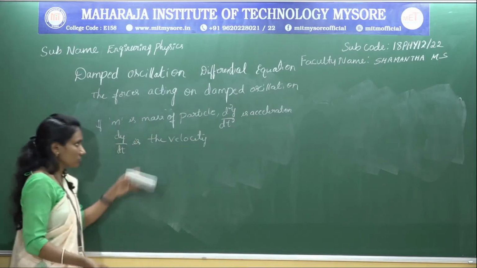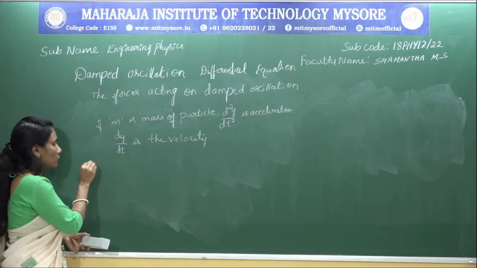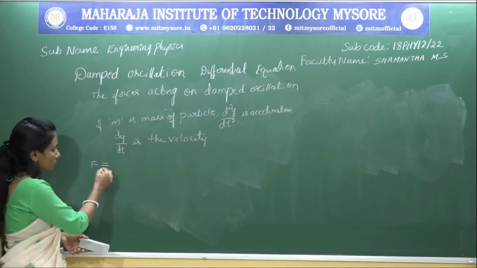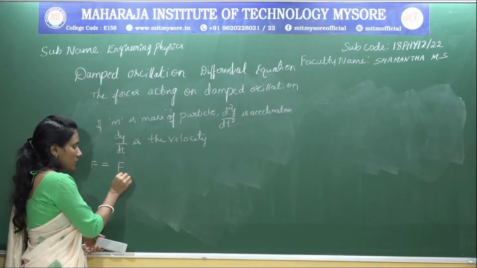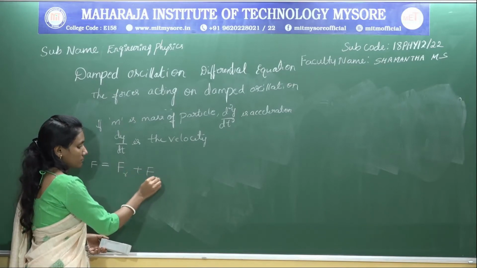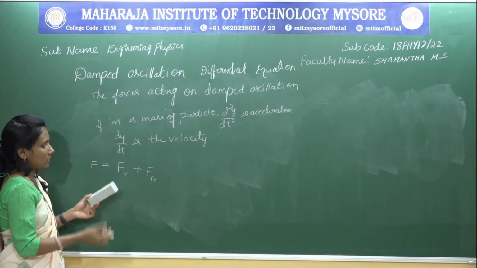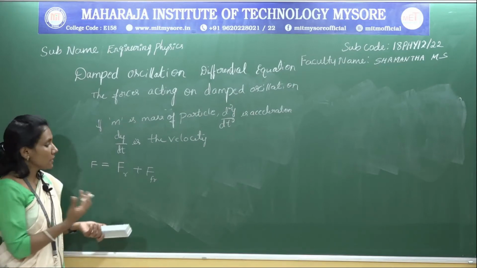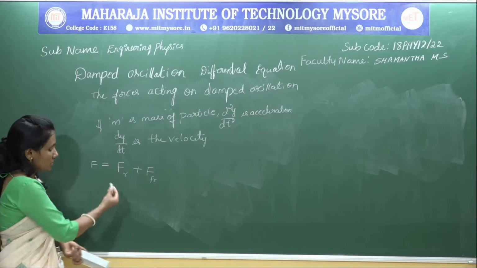So, then consider the force which is acting on the particle. That we can represent as the restoring force plus the frictional force. The damped oscillation is the combination of restoring and frictional force.